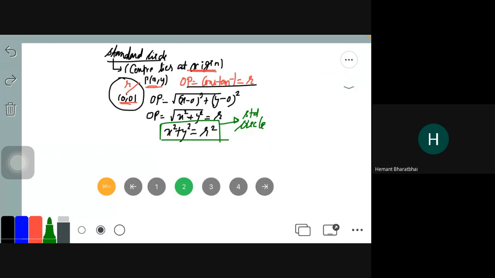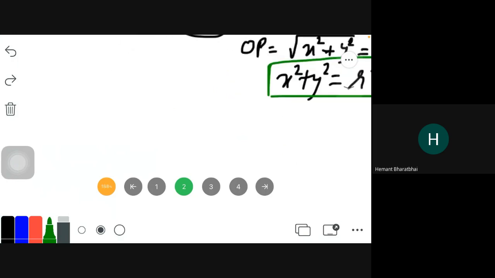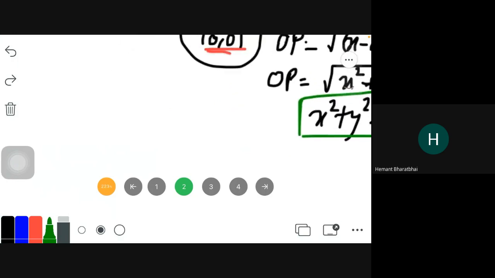Now, it is not compulsory that the center should always be at the origin. The center can be somewhere else also, right? So I am going to consider that.